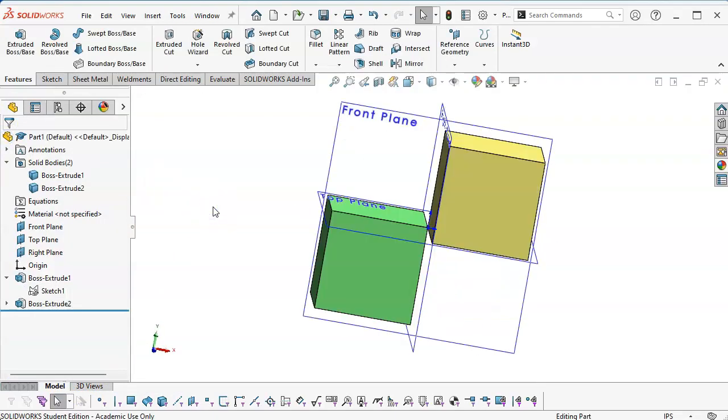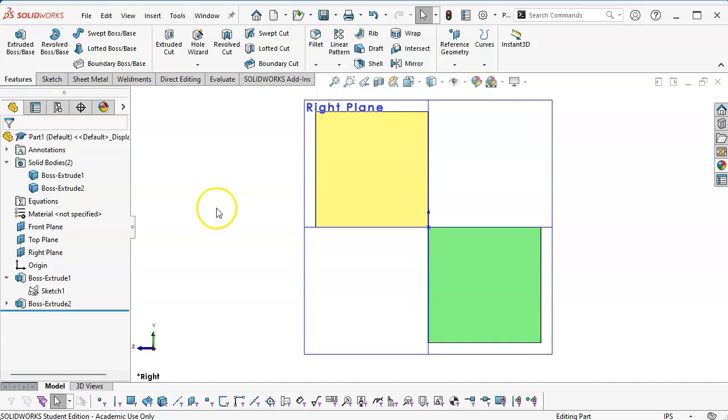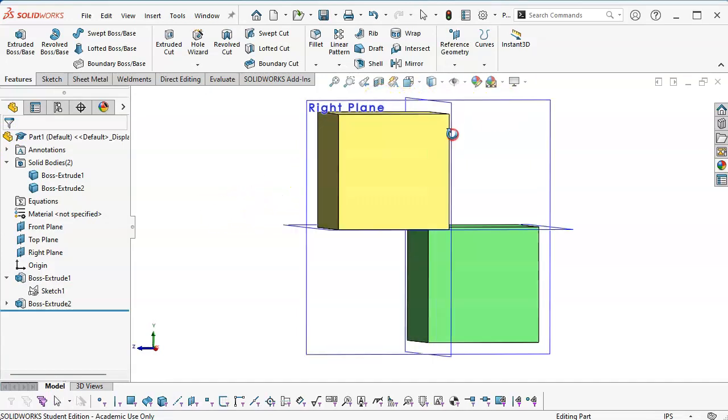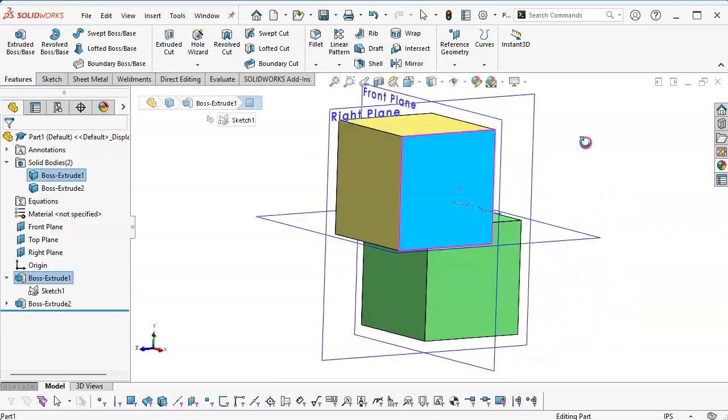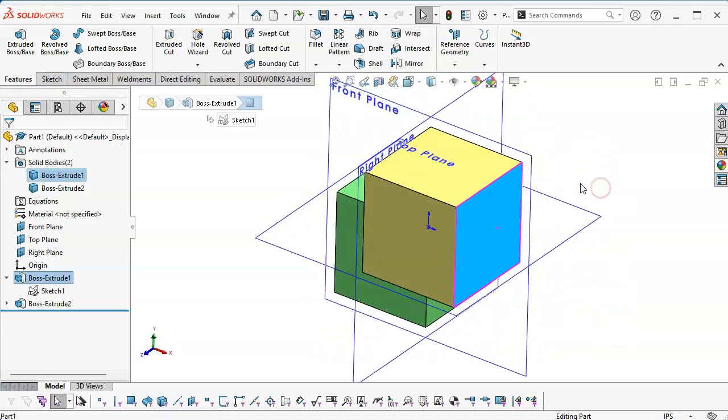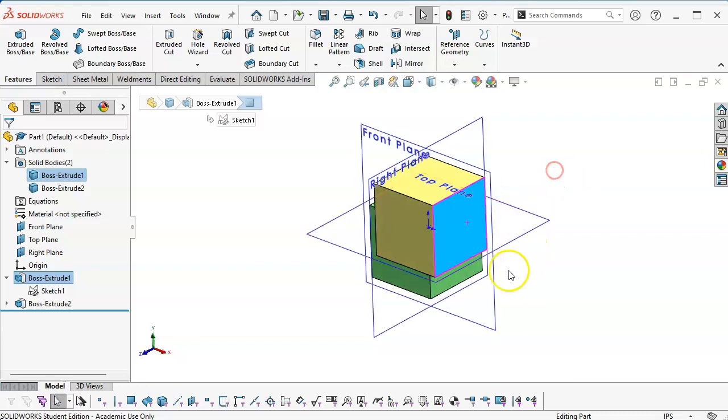Okay, so if I'm looking at the right plane and looking into the right plane, then this face is going to be my view in first angle. Hopefully I'm saying this right. Or no, I am reversing it.